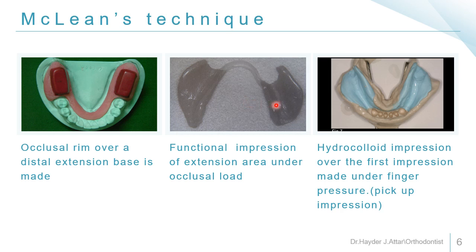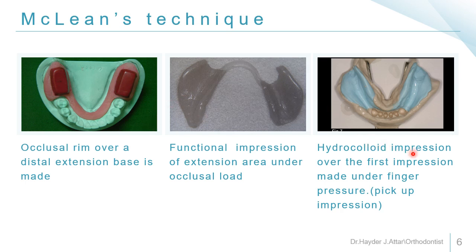Then, after completing the functional impression of the free saddle, put the record base inside the patient's mouth and take a hydrocolloid or alginate impression in a mucostatic state, an anatomical impression, secondary over the first impression, which is made by the occlusal rim.